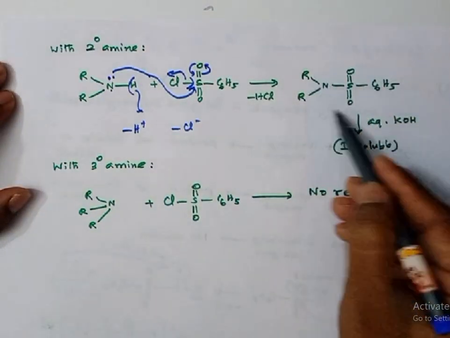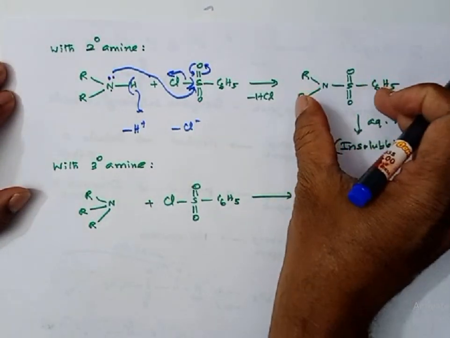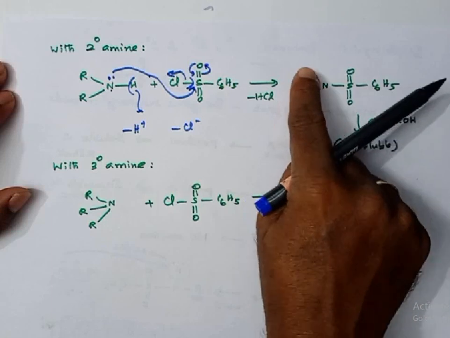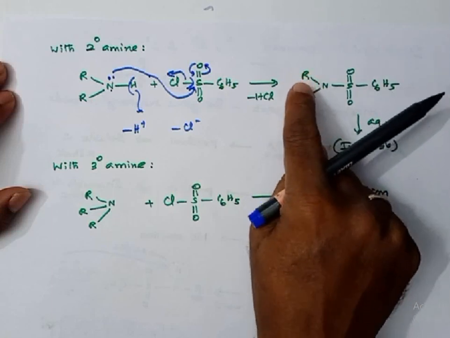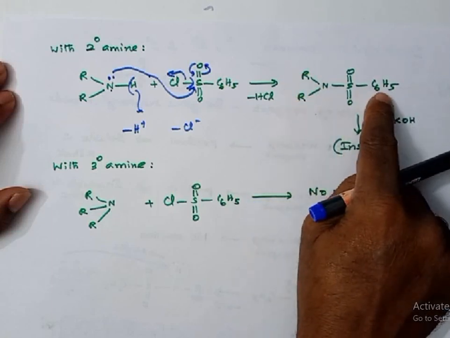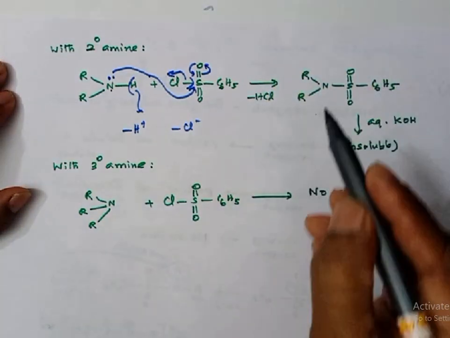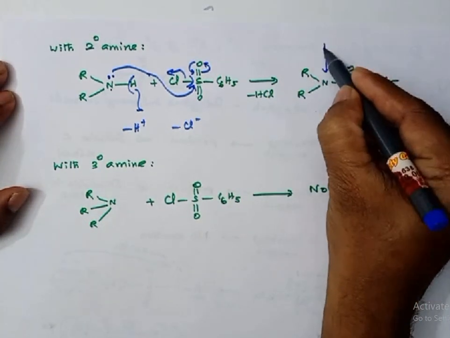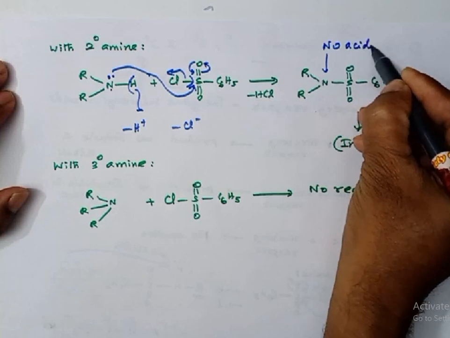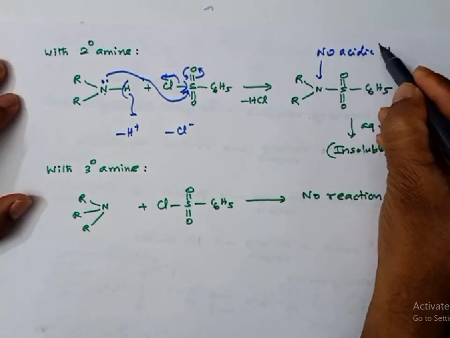Now students, observe this. This is also a substituted sulfonamide, disubstituted, because two R groups are there. Disubstituted benzene sulfonamide is formed. But here there is no acidic hydrogen.